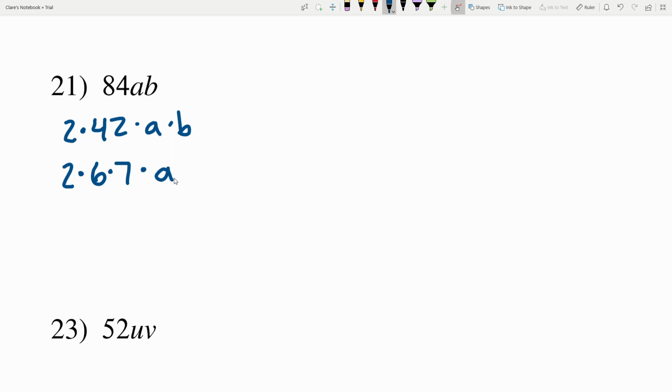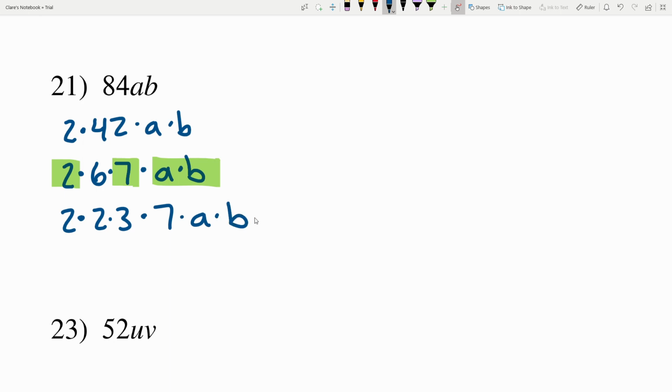And that's all multiplied by a times b. So now I have my prime number 2, my prime number 7, a and b can stay as is, so I just have to deal with 6, which isn't prime. But 6 is 2 times 3. So I have 2 times 3 times 7 times a times b.